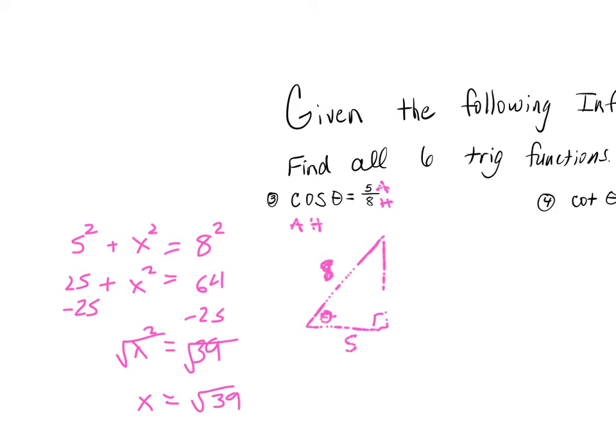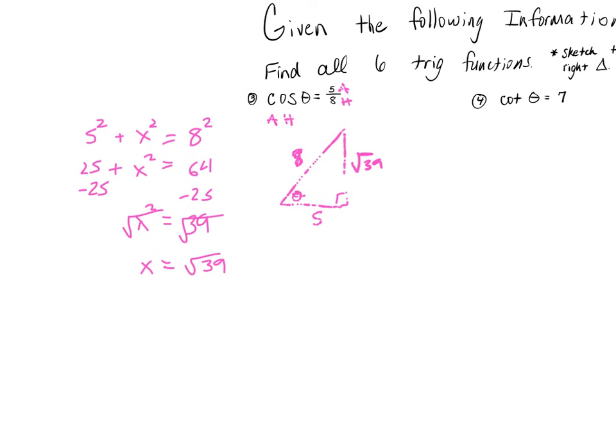All right, so now we need to find sine. We have cosine, which was given, so tangent, cosecant, secant, then cotangent.